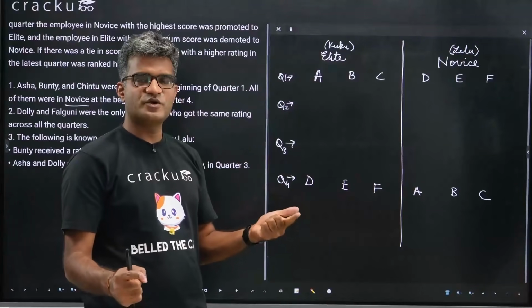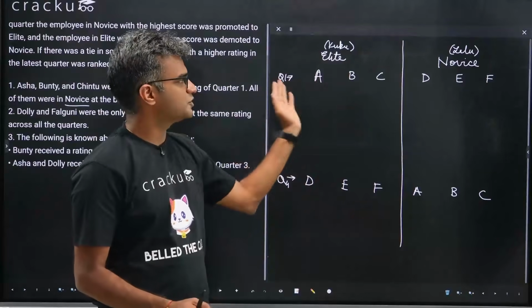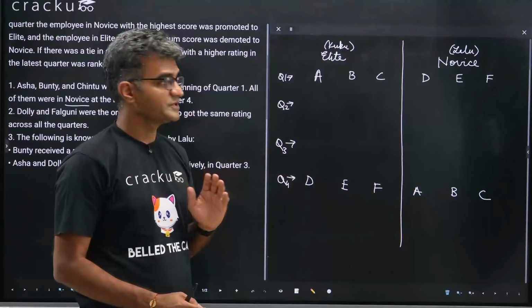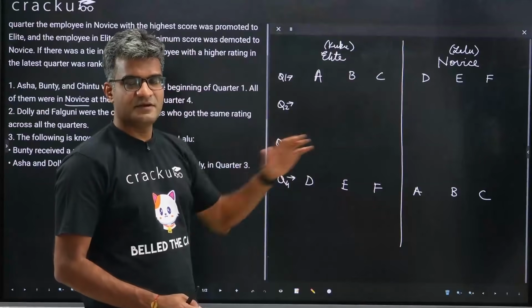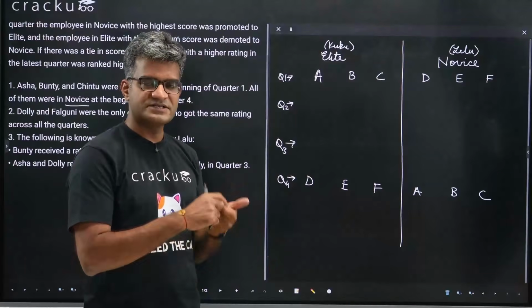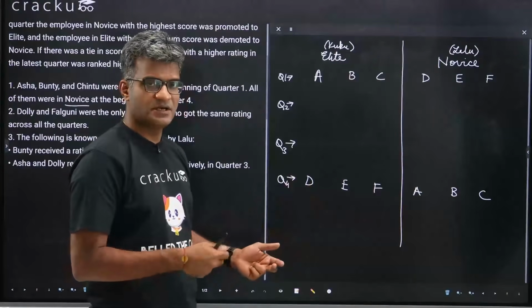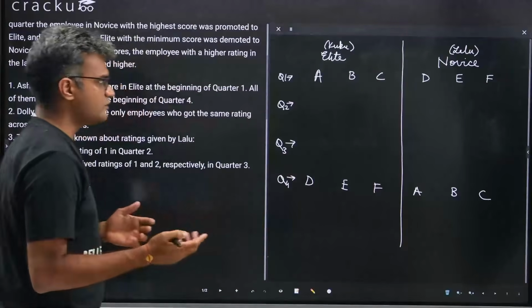The second one is demoted after Q2. And the third one is demoted after Q3. So one keeps on going after every quarter. Similarly with Novice, one of D, E, F is promoted after Q1. The second one is promoted after Q2 and the third one is promoted after Q3. Who is promoted when is what we are required to calculate.